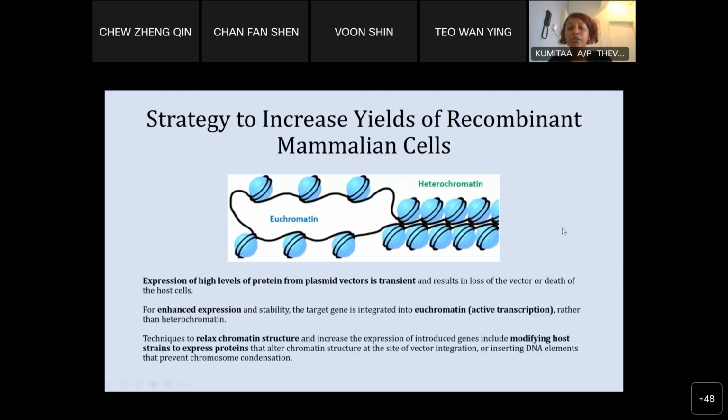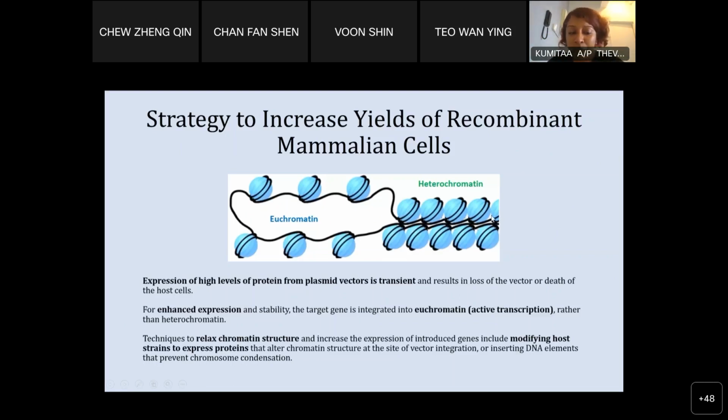Another strategy to increase yield of recombinant mammalian cells is through the chromatin structure. So hopefully, again, you remember this from some of your earlier classes. If you want enhanced expression and stability, your target gene should be integrated into euchromatin, this on the left here, which enables active transcription, rather than heterochromatin, because if it's tightly wound up like this, you don't get as much transcription.